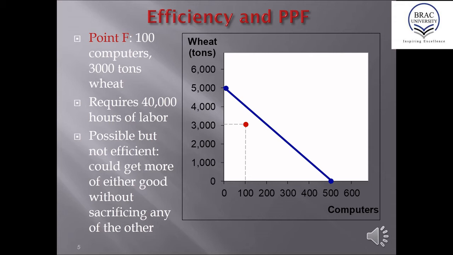Any point that is inside the PPF is not efficient because we can produce more of both goods using the labor that we have. In other words, any point inside the PPF is attainable but not efficient, because it leaves some labor unutilized.